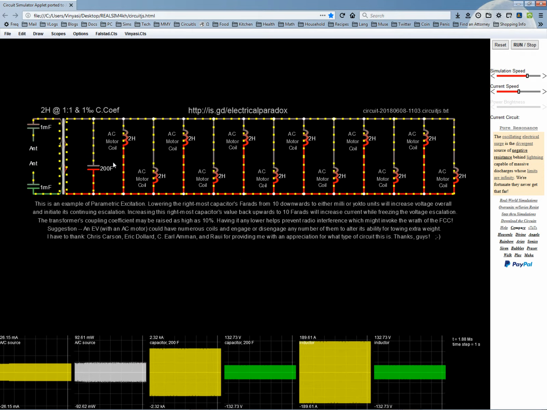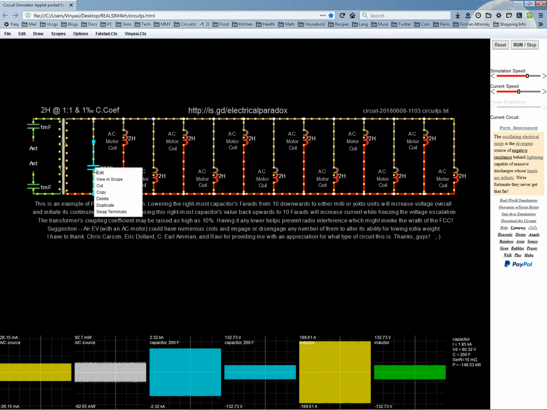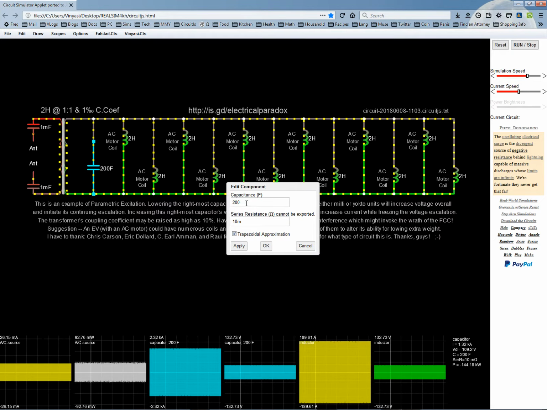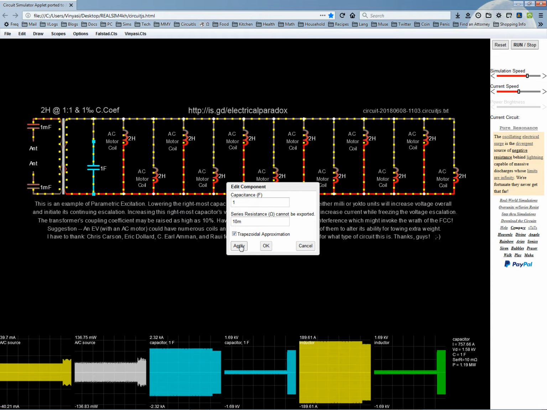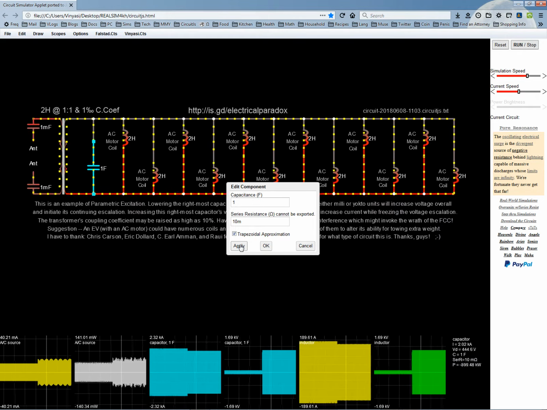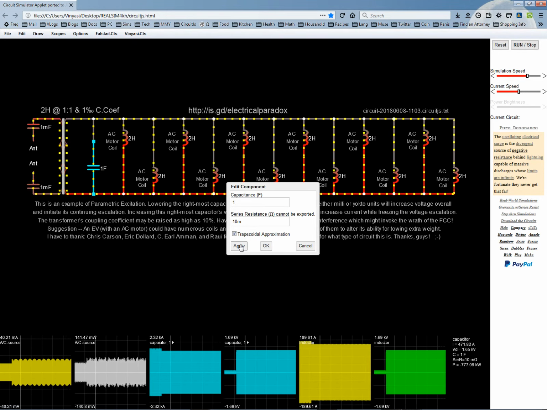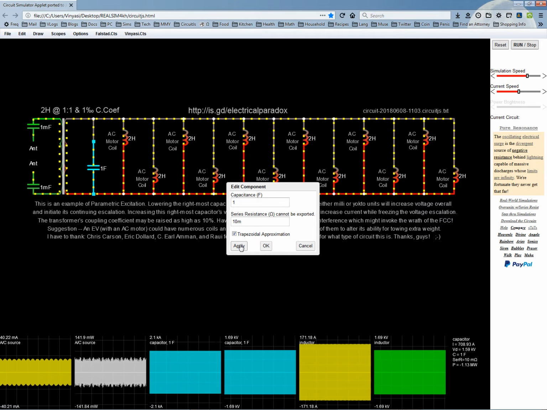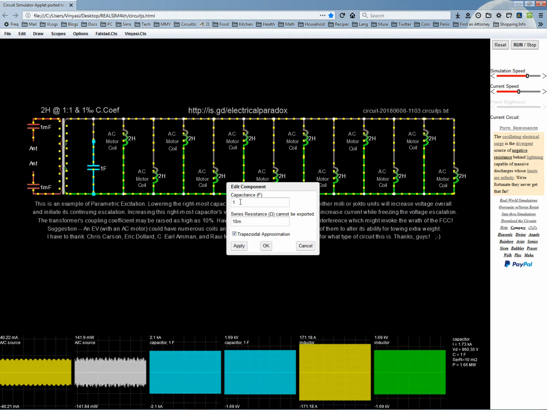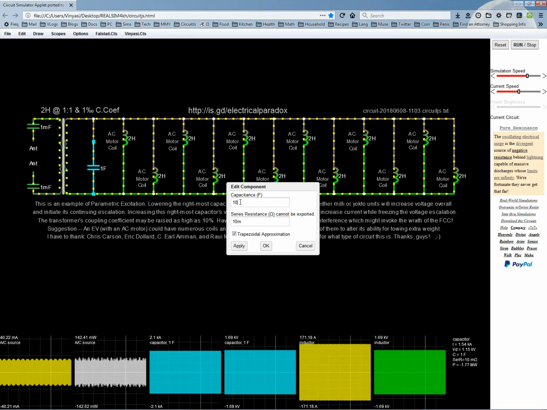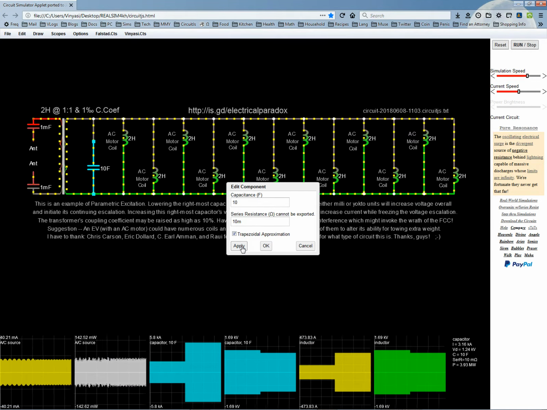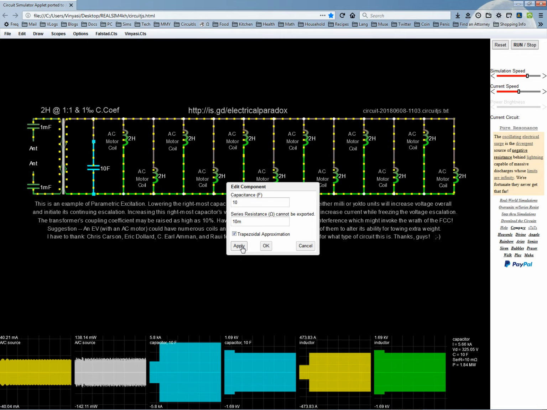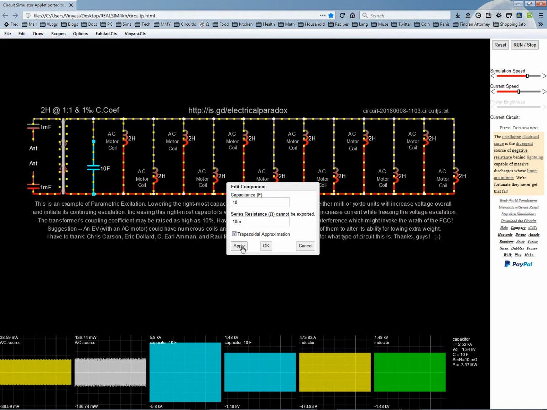Maybe it has to do with changing. Well, let's lower this to 1. Yeah, maybe that was it. It's when you're changing this thing, it might matter. Maybe. I don't know.